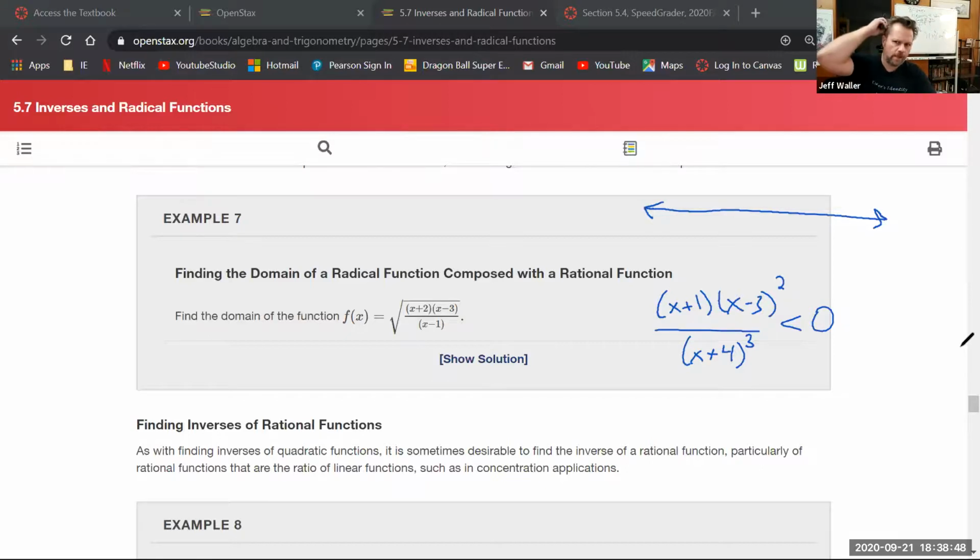What am I going to plot on that number line to get me started? -4, -1, and +3? Yeah, so let me make myself a little scale. -4, -3, -2, -1, 0, 1, 2, 3, 4.